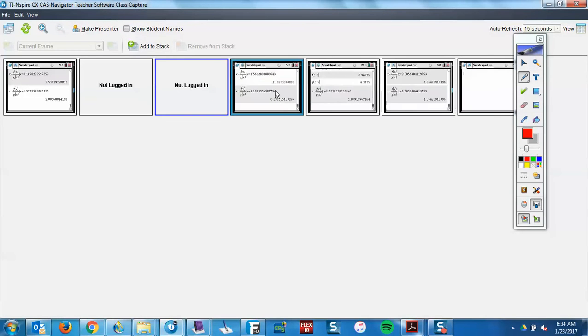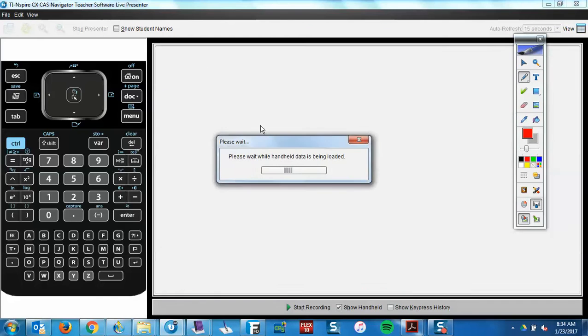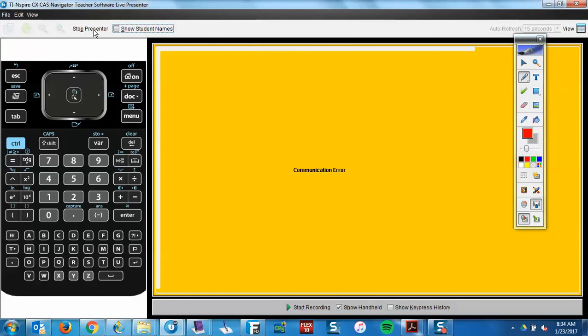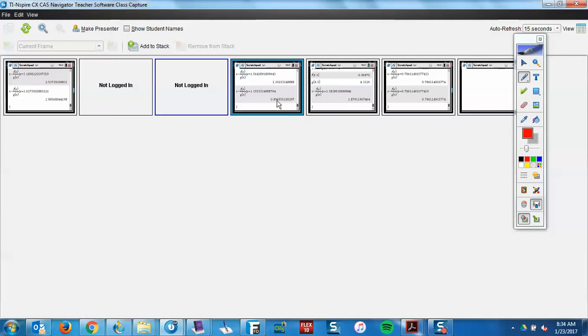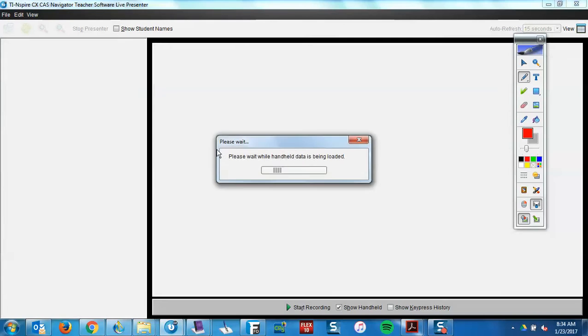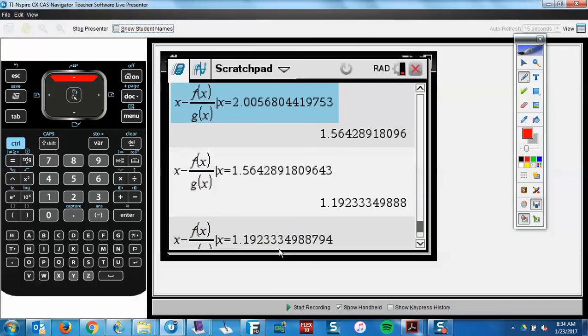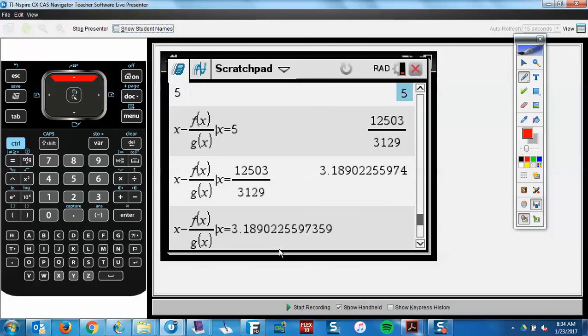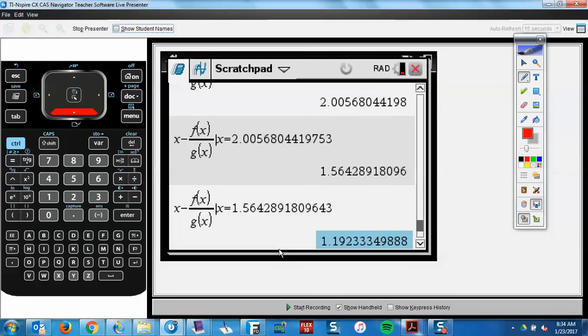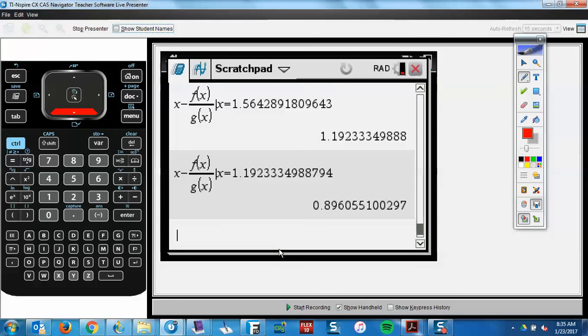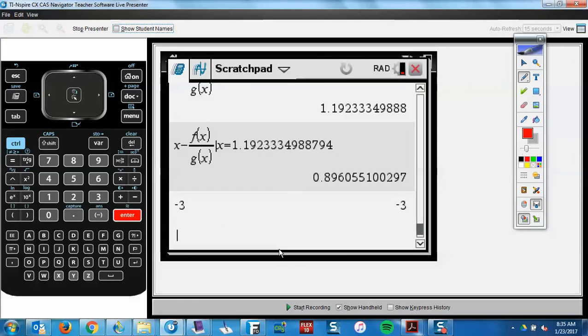I was saying the first one went back to 3, so 3 went to 0.706. Oh, it actually goes back to like 3.99. So you started this one with 5, and it got you to 3.18, keep going, and then go down. So maybe there is only one. Let's try negative 3.